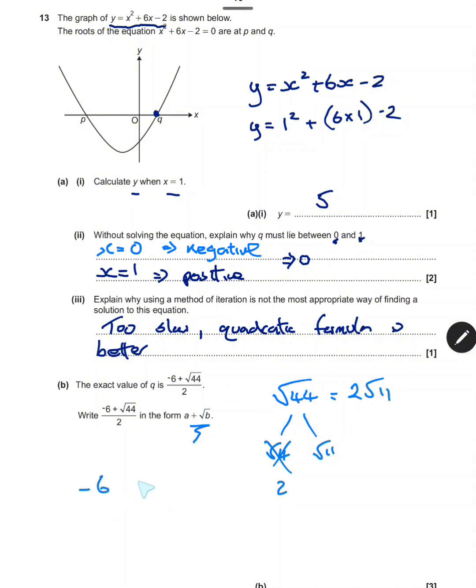So I get minus 6 plus, not root 44 anymore, 2 root 11, all divided by 2. And now we've got things on top and bottom that will actually both divide by 2. Minus 6 divided by 2 is minus 3. And 2 divided by 2 is 1. So this just becomes minus 3 plus root 11.